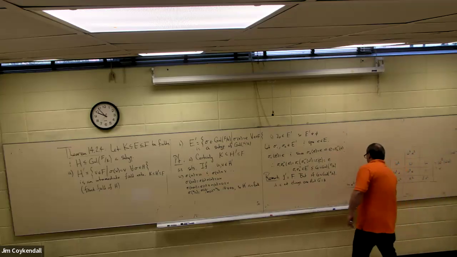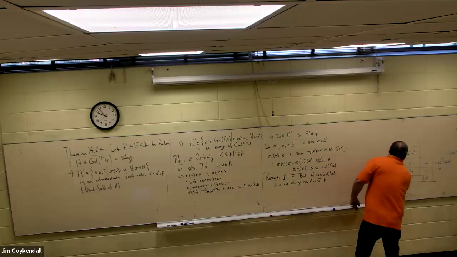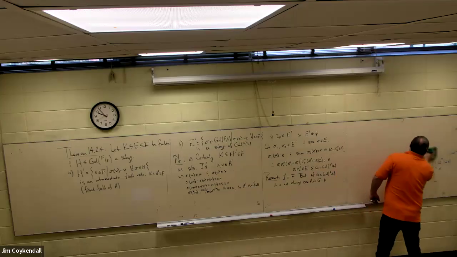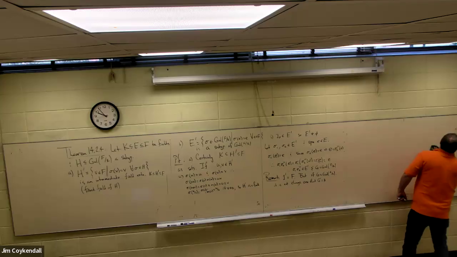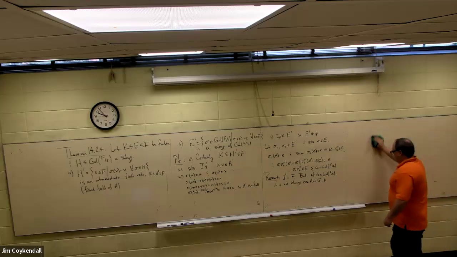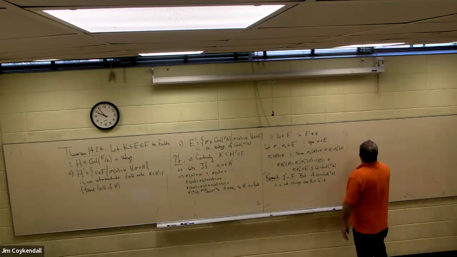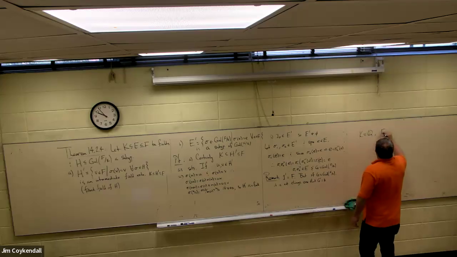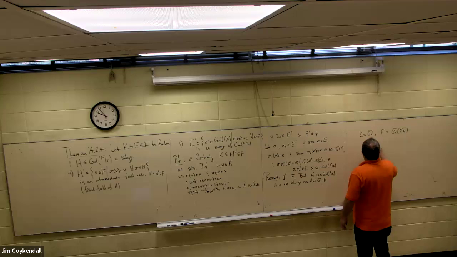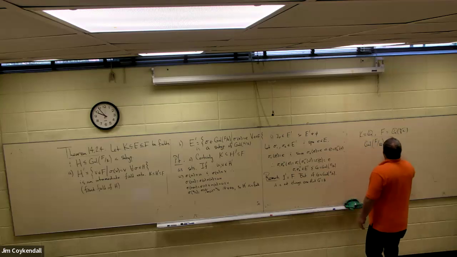So this is again a rip off of that example I gave you guys right before spring break. If you let K equal Q and F equal Q root 2, then the Galois group of F over Q is the identity.